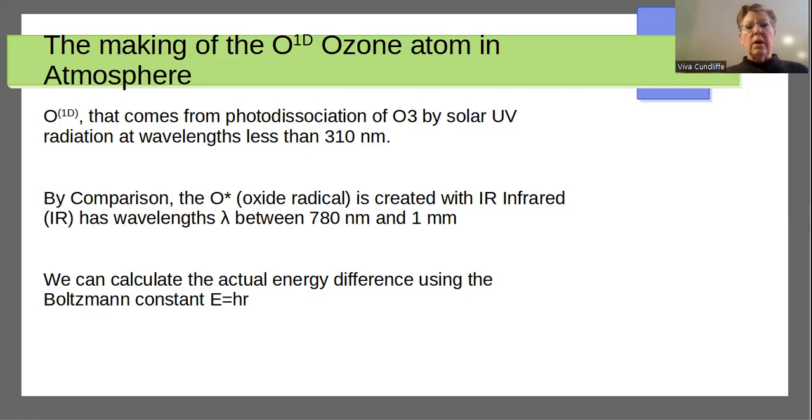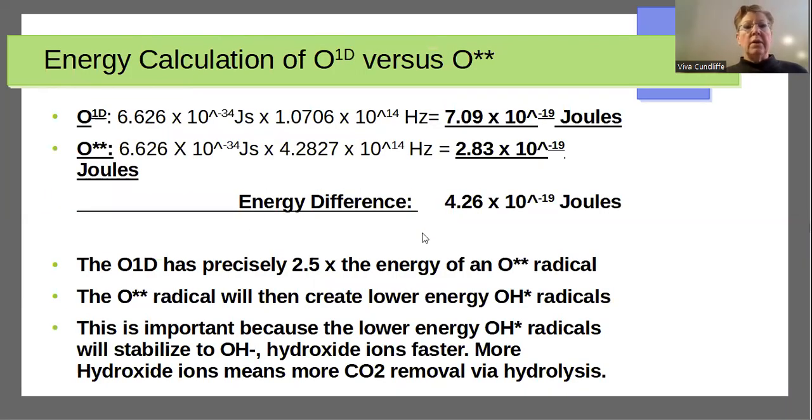By comparison, the oxide radical or dye radical is created with infrared radiation, which has wavelengths between 780 nanometers and 1 millimeter. So we can actually calculate the precise energy difference using the Boltzmann constant, E equals HR, which I do here on this page, calculating the difference between the energy level of an O1D ozone atom and our oxide dye radical.